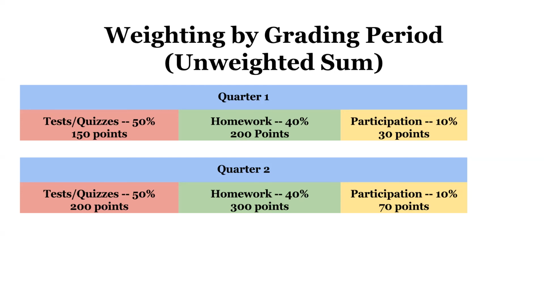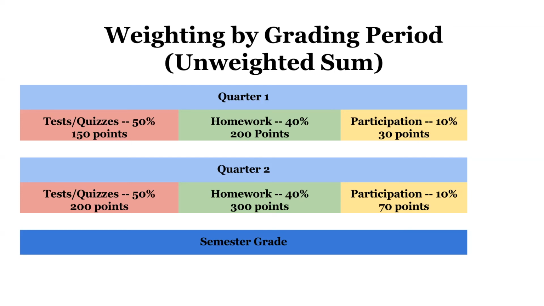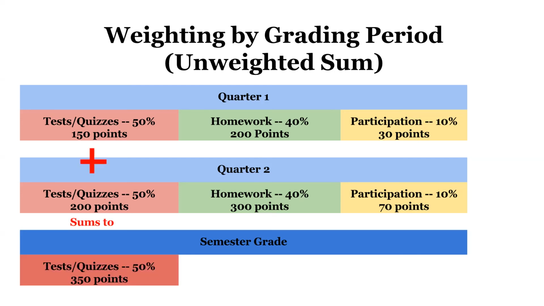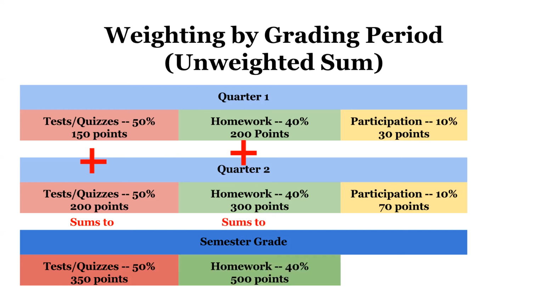The worth of assignments is determined by the number of assignments and the value of each. To determine the semester grade, it will take the sum of points from each quarter. In this case, 150 points worth of assignments in quarter 1 and 200 in quarter 2, to determine that there's 350 points worth of assignments for the overall semester. The same for homework and participation.